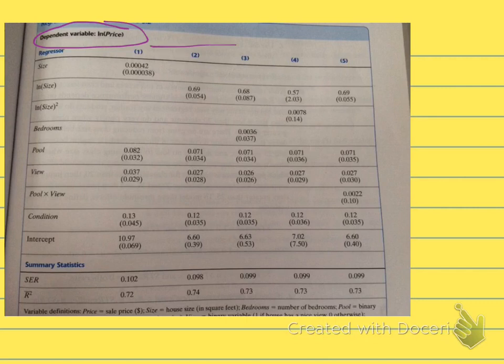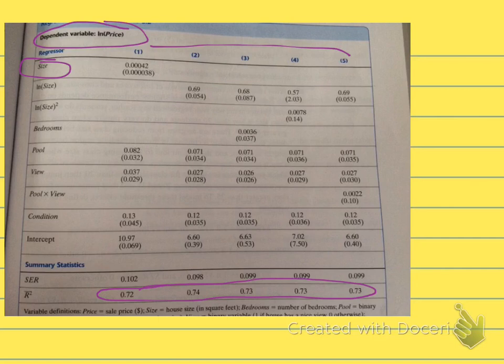We have 5 specifications. We note that the R-square doesn't change too much across the specifications, and that's probably because the size of the house, the square footage, is the main explanatory variable in these regressions that determines the price of the house.